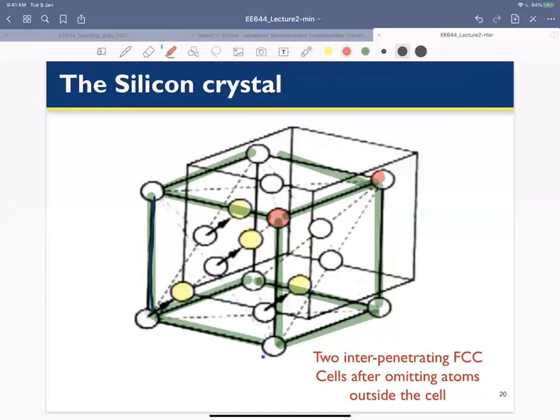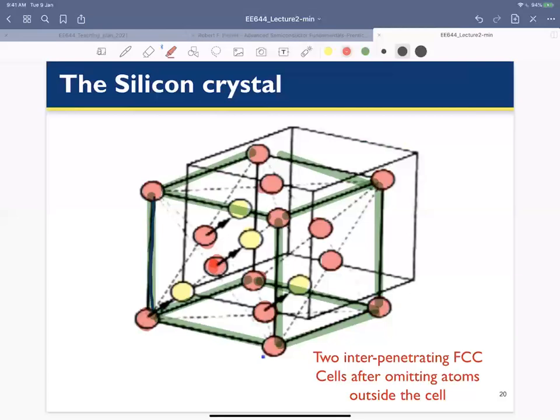So these are the atoms in the first FCC cell. Each face has an atom also, 6 atoms on the faces, right? So this is our first FCC cell.